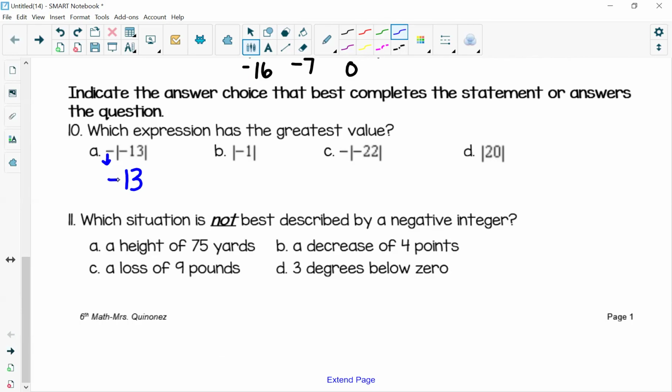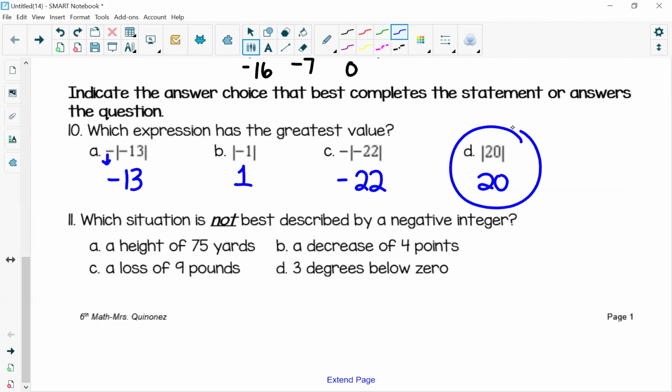The absolute value of -1 is 1. The absolute value of -22 is 22. However, there's a negative sign outside of the absolute value. So there we go. And then we have the absolute value of 20 is 20. I need the greatest value. My smallest value is -22. Then comes -13. We have 0. My greatest value is the absolute value of 20.